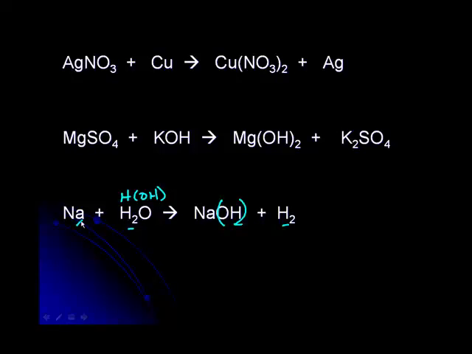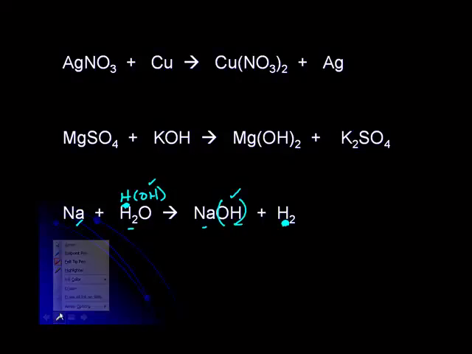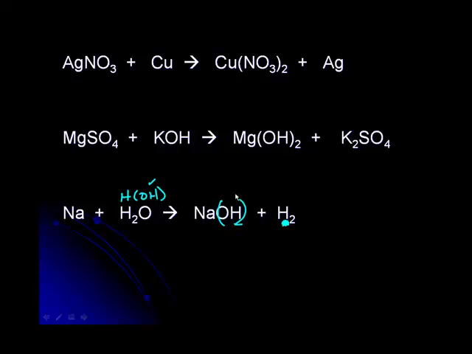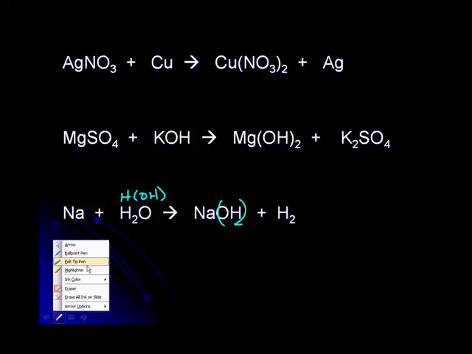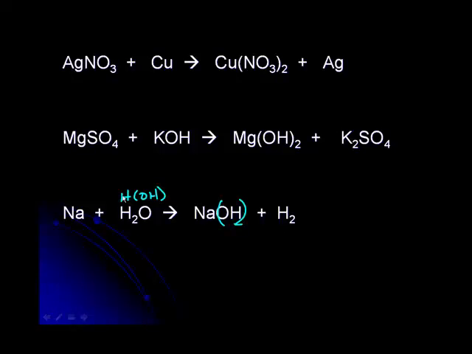Because now I have one sodium, I have one of the OH groups, there's one of the OH groups, and now I have one lone hydrogen on the left and 2 on the right. So I know right there that's what's out of whack, is the hydrogen. Okay? So since I have only one hydrogen on the left, I need to put a big 2 in front so it matches the 2 hydrogens on the right.